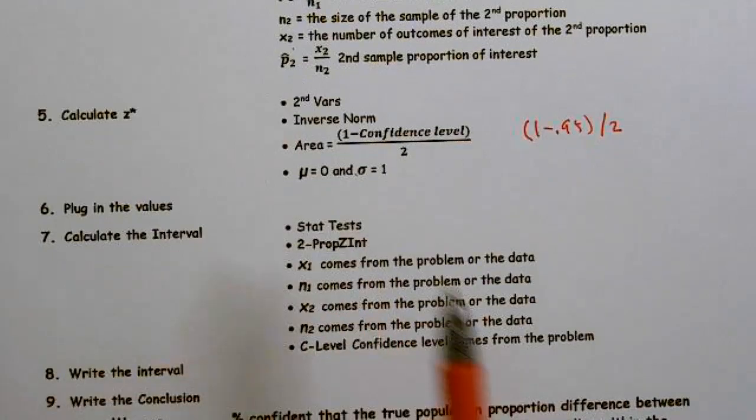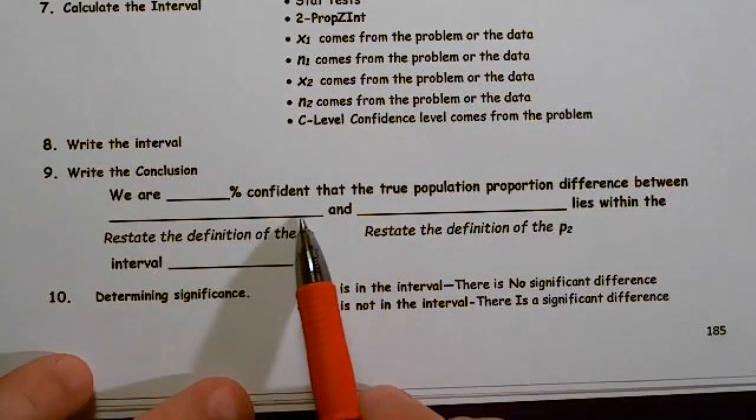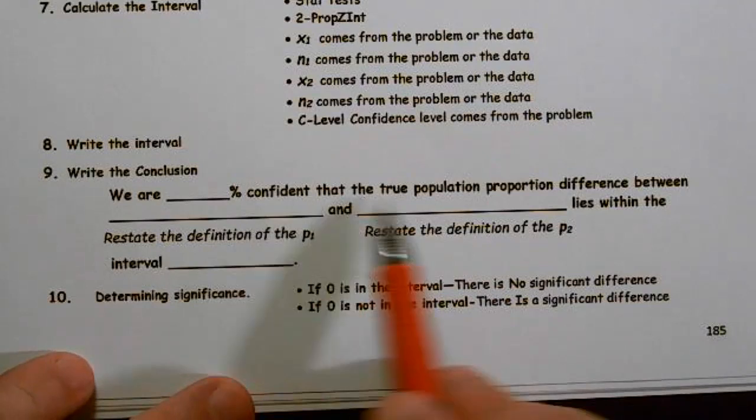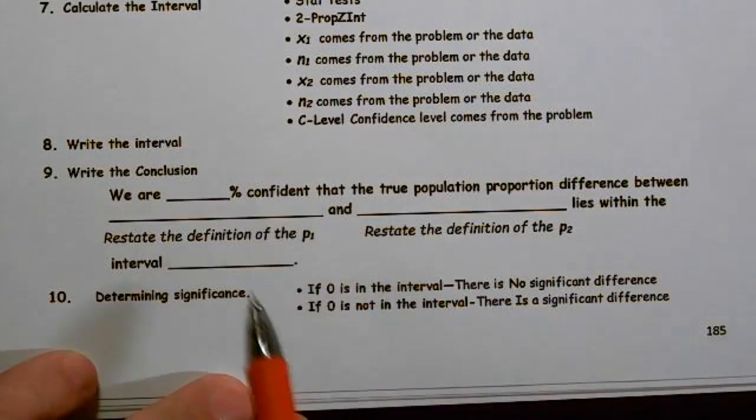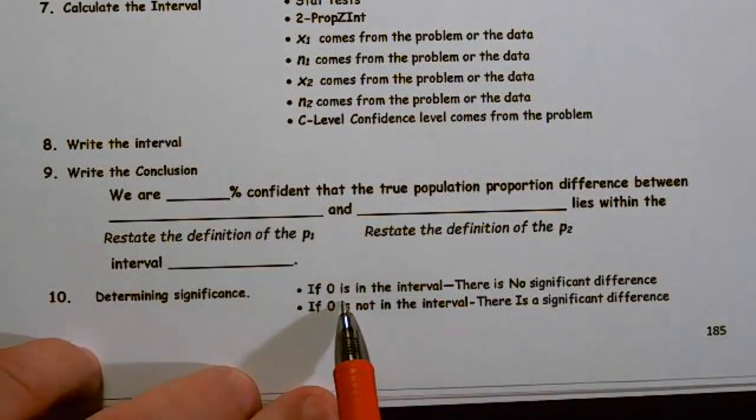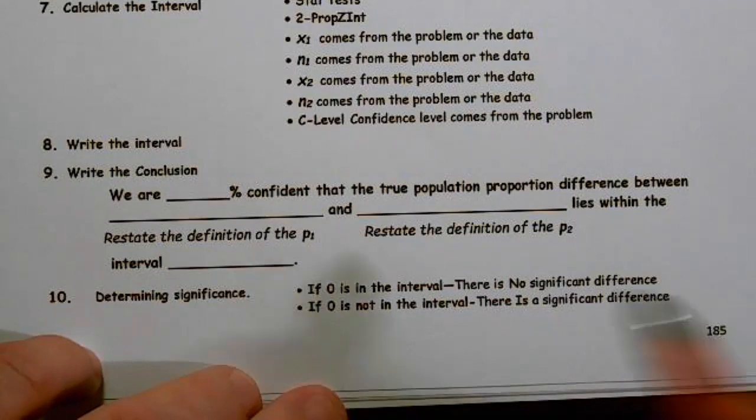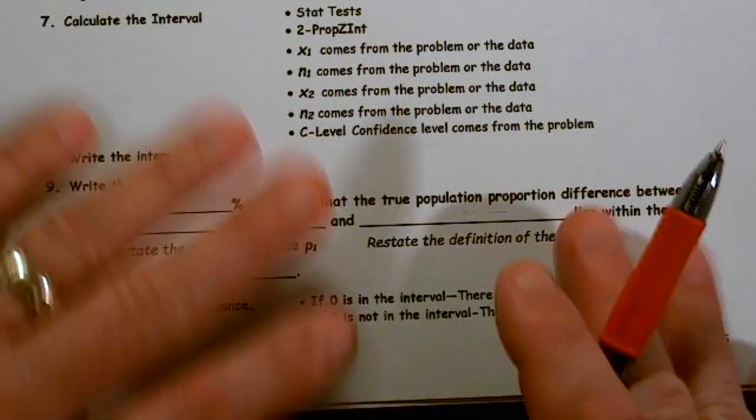This is where we're going to run it on the calculator. Our conclusions look almost exactly the same. One thing I want to point out is we've added this little bit at the bottom to help you out. If 0 is in the interval, we're saying there's no significant difference. If it's not in the interval, there is a significant difference.